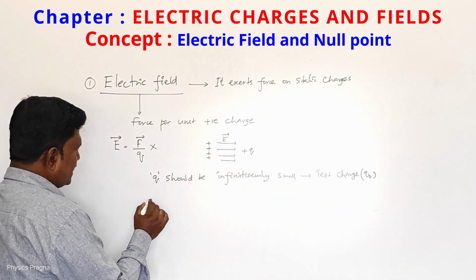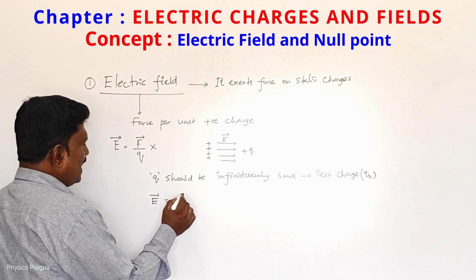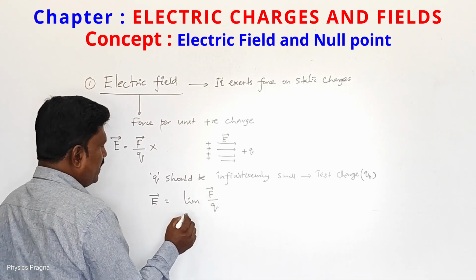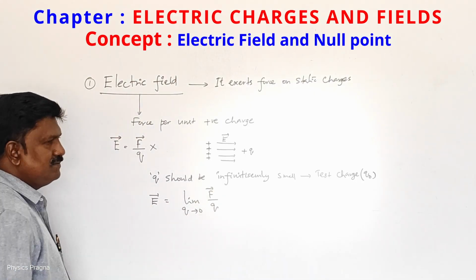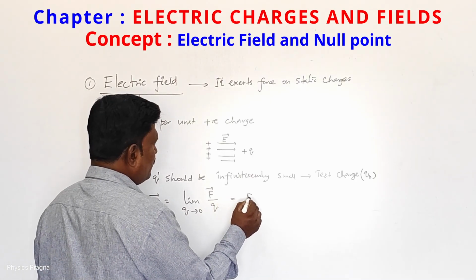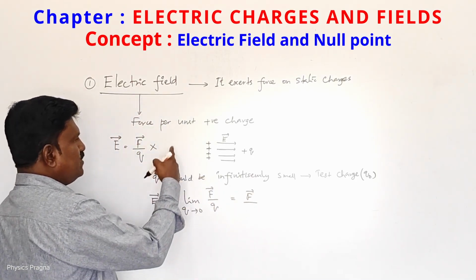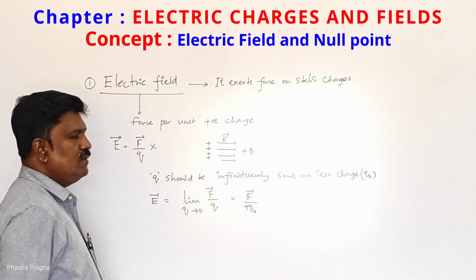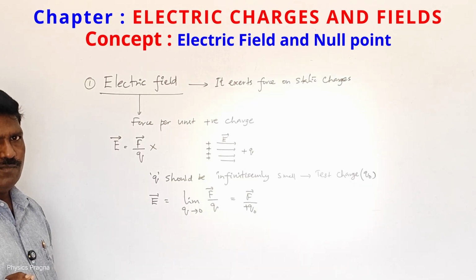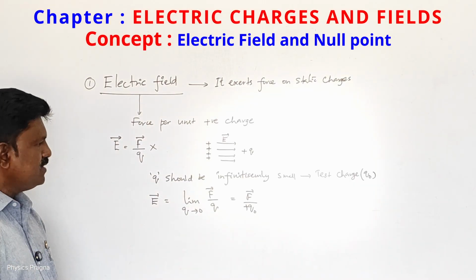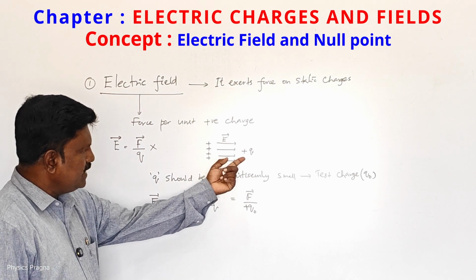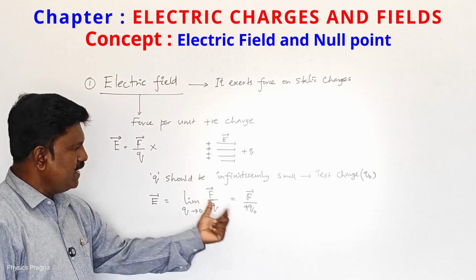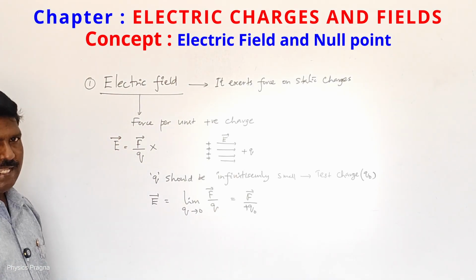So this formula will be correct if we write it as the limit of F bar by Q when Q tends to 0. That means force per unit test charge. If we put a very small test charge, almost near to 0, it won't disturb the position of the source charges.